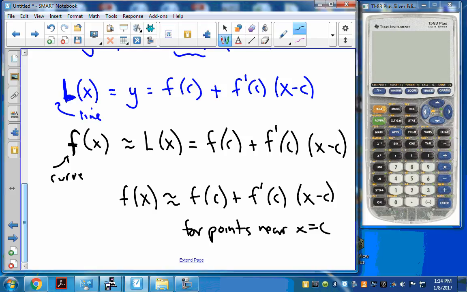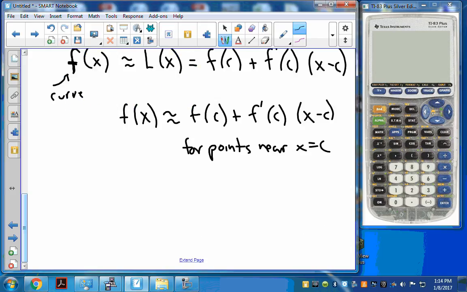And then they talk a little bit more about changes in y's and changes in x. And they define what we mean by a differential. You can look at that on page 236. I want to just mention a couple of things.